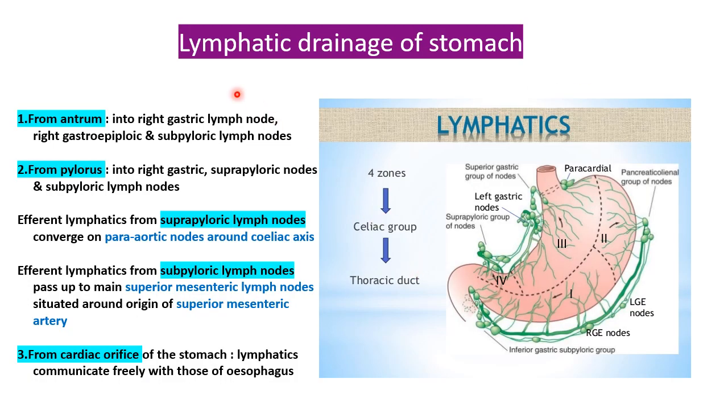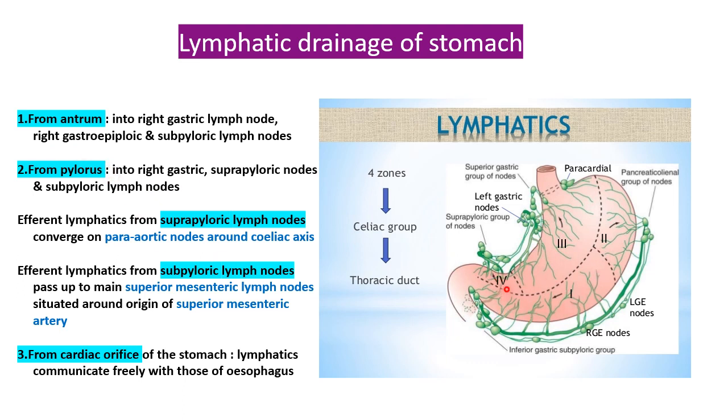Okay, now we come to the lymphatic drainage of the stomach, which is a very important topic for cancer of the stomach. The stomach is divided into 4 zones, 1, 2, 3 and 4, as shown in this diagram.